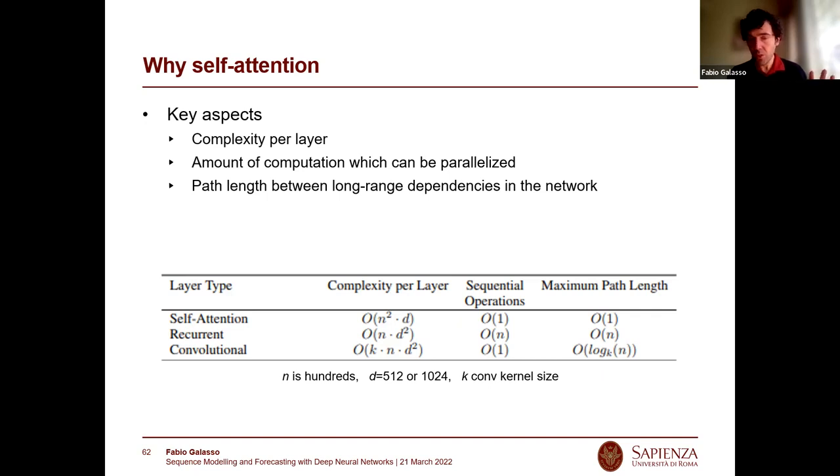There's no difference in complexity between these. The big difference is in training, because the transformers and the TCN can be parallelized. And the big difference is in the path length, because the transformers can attend with a constant complexity to any of the inputs or previous predictions, while the RNN has an issue with that.